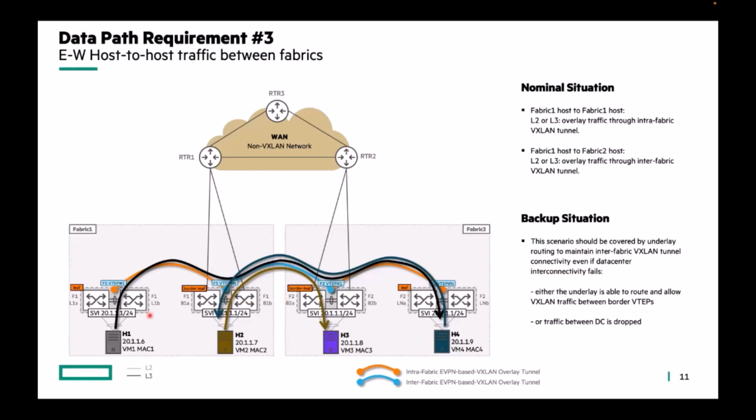We do not want one DC's host data traffic to go to the WAN, to the internet, then go to the other WAN router and come back. That's not an ideal way, right? We do not want our communication between the fabrics to do that. So for the backup situation, the underlay should be intact, or the routing between the fabrics should be intact, or the traffic gets dropped between the DCs. That's the east-west traffic we're talking about. Okay, that's use case 3.